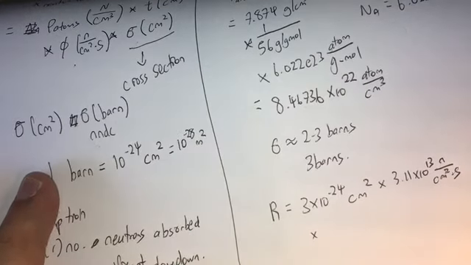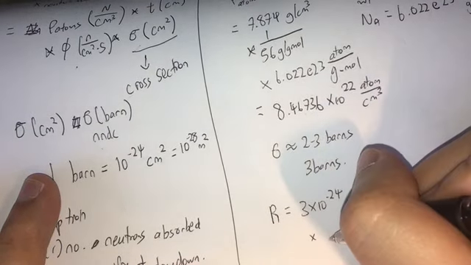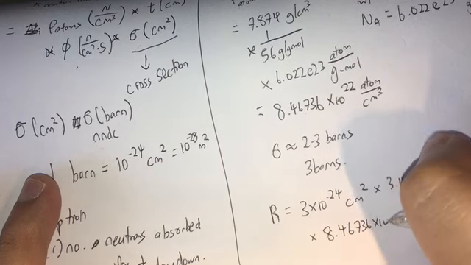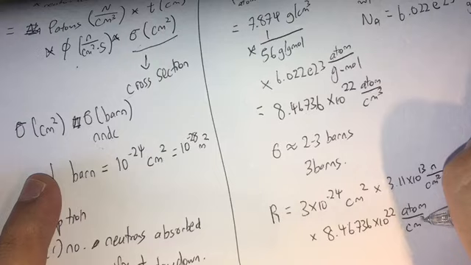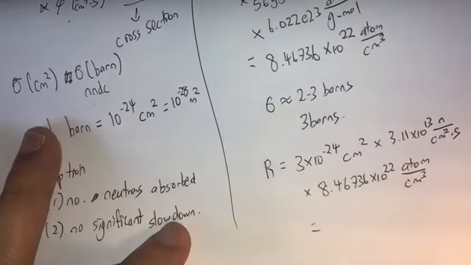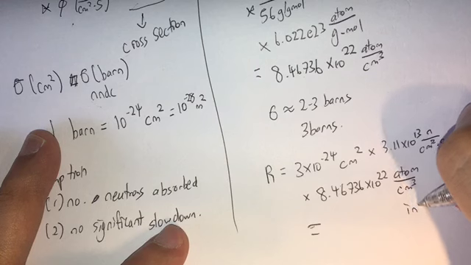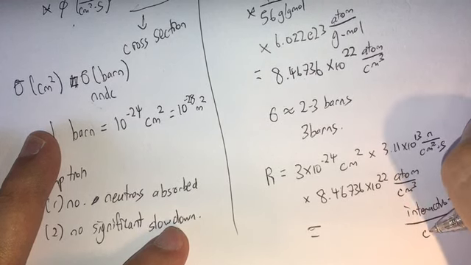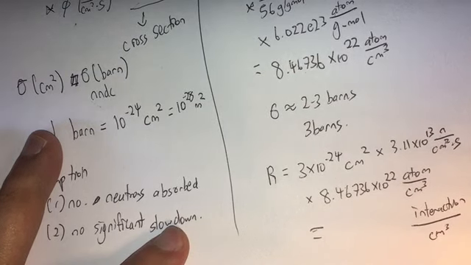That's going to be multiplied by the atomic density of iron, which is on this order of magnitude. That can give you the reaction rate, or interaction rate per volume. I'm just going to call it reaction rate.